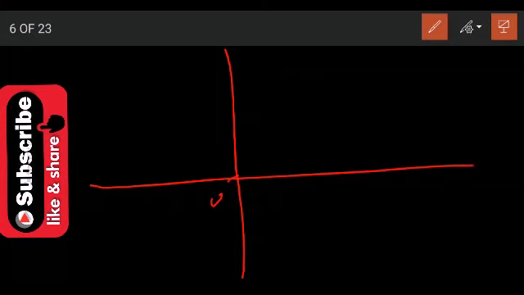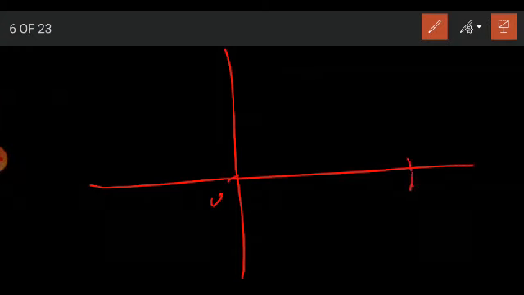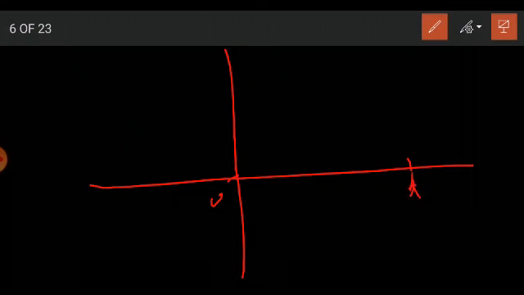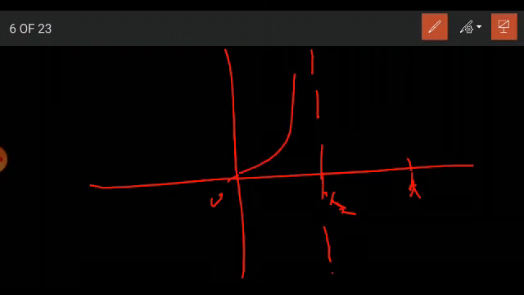This is, let's say, 0, and somewhere here is pi, and somewhere here is pi by 2. At pi by 2 there is asymptote behavior. So the graph goes like this way, tan x, and the graph goes like this way.